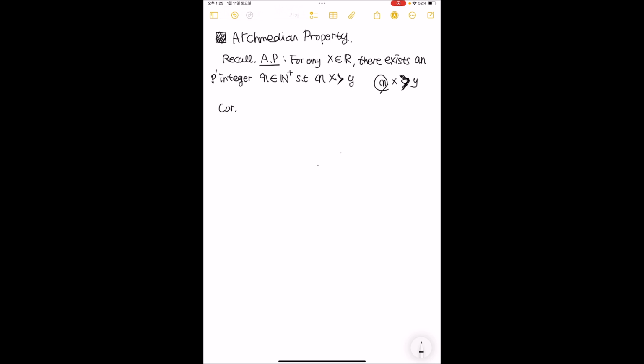And its corollary: if we change x to epsilon and n to a large n, y to 1, for any epsilon given, there exists an integer n such that 1 over n is smaller than epsilon.